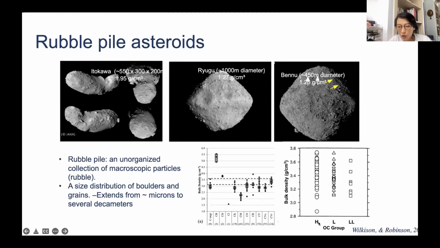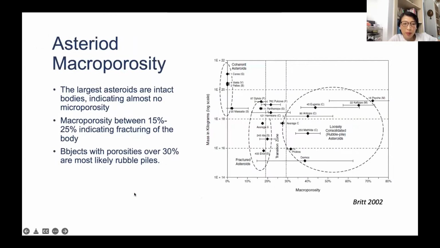And ordinary chondrite is much larger, bigger than 3. So it implies there are a lot of voids between the grains, besides the porosity of the rock itself. So, asteroid macroporosity.